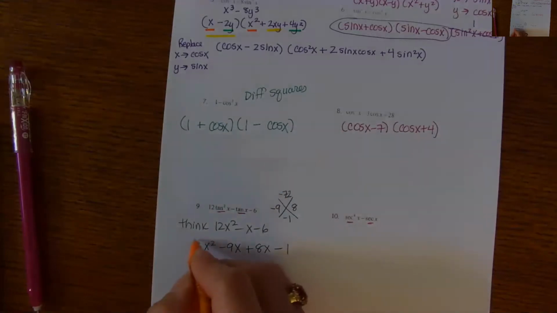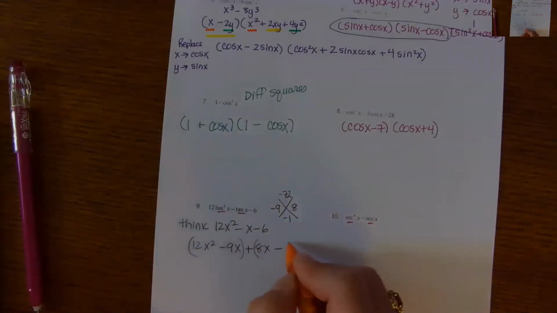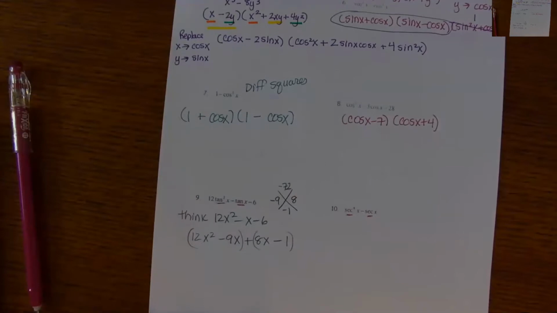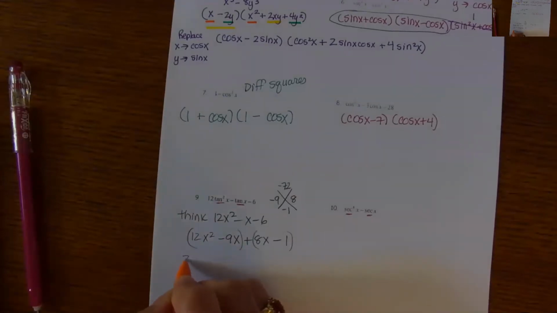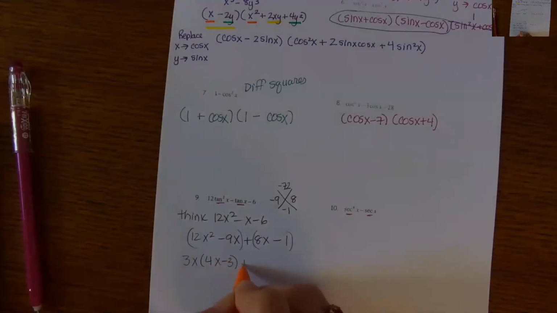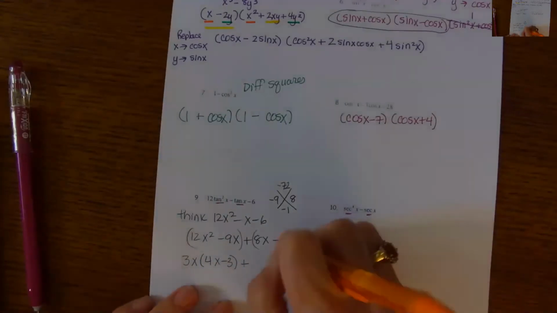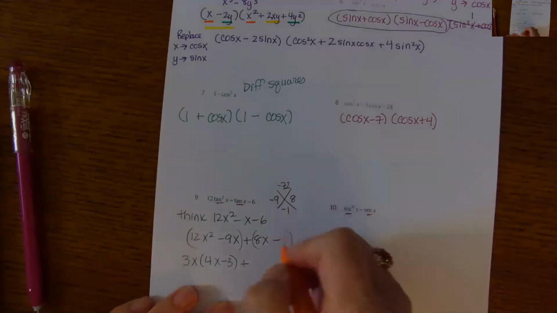And then we group. I don't particularly like this method because it's long. I like to do the guess and check, but guess and check takes you practice. Now, what happens if you can't, wait, why did I write 1 down? That's a 6.